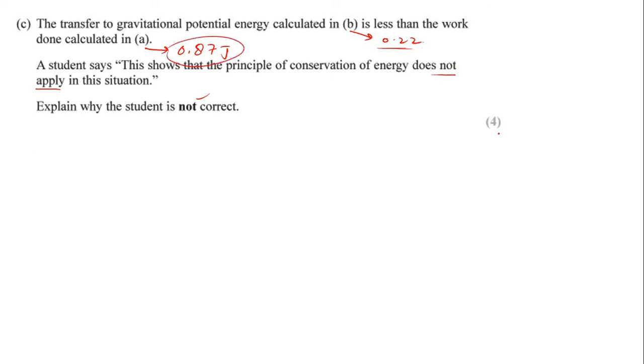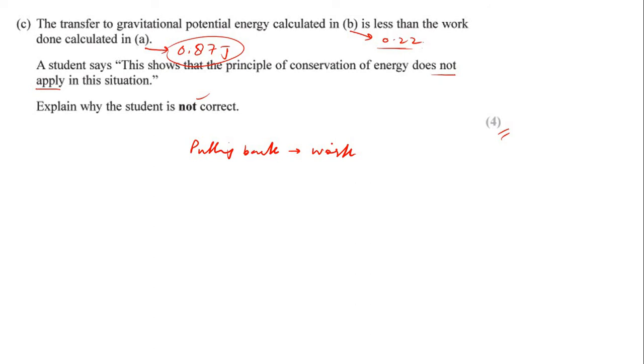But because this is a 4-mark question, you need to explain every step. Remember, what are you doing? You are pulling back the car. So you are doing work. Not all work is stored as elastic potential energy, because resistive force is acting.